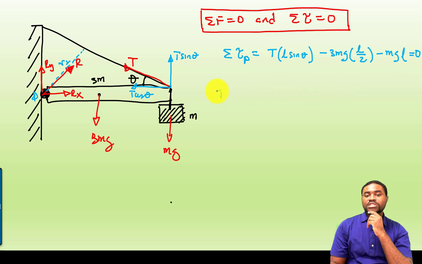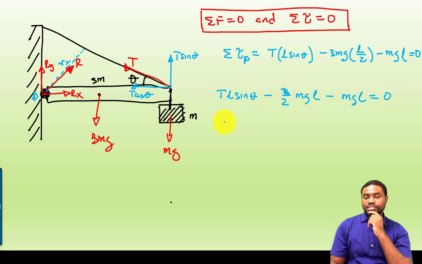This means that TL sine theta minus 3/2 mgL minus mgL all equal to 0.